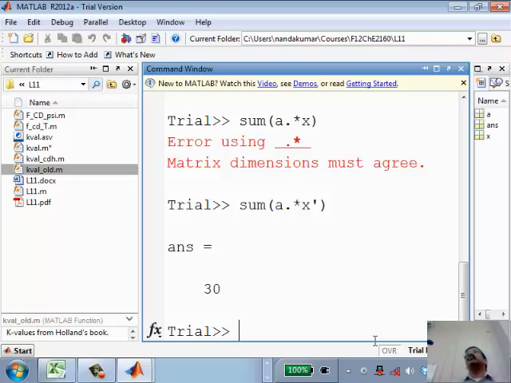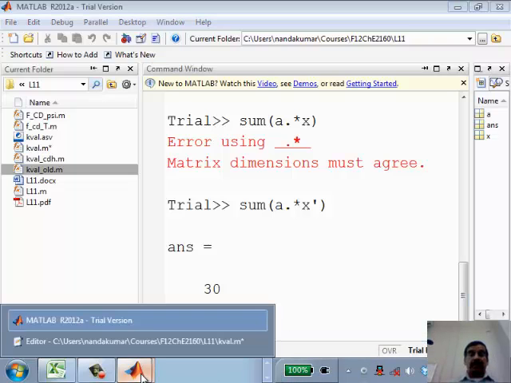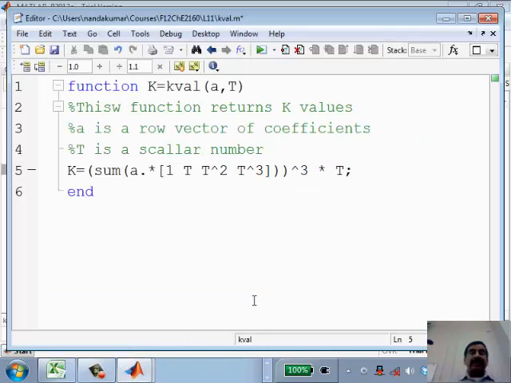There are two ways of doing the same thing. Does that answer your question? Do you understand? Okay. Anybody else? So that is the k-value function. Okay. So let me save that.